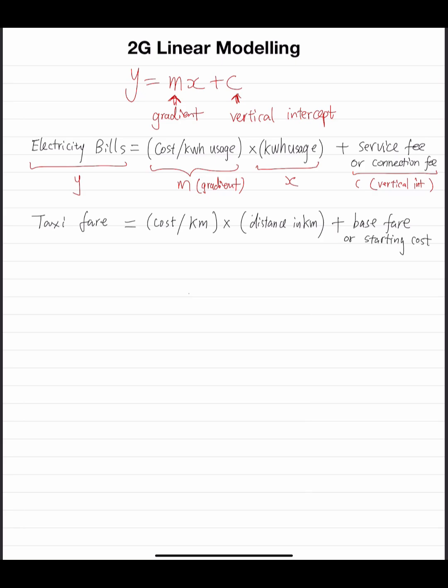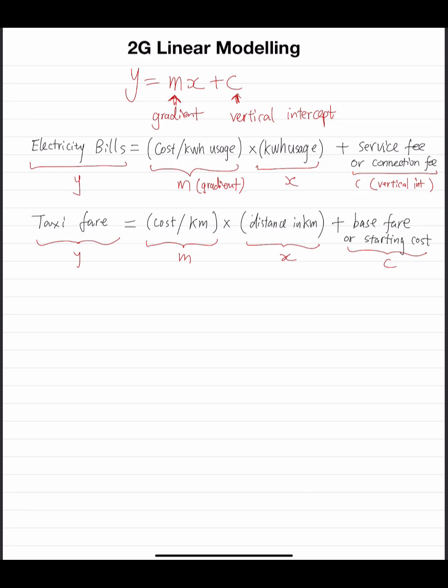In this case, this is the m, x, y, and c. So it all follows the linear relation model.